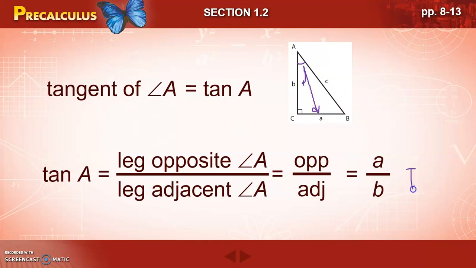So tangent is opposite over adjacent. Just to refresh, sine was opposite over hypotenuse. Cosine is adjacent over hypotenuse. And the tangent ratio is opposite over adjacent. So, SOH, CAH, TOA. You'll hear that said like it's an ancient word, but it's really just to help you remember those three trig ratios.